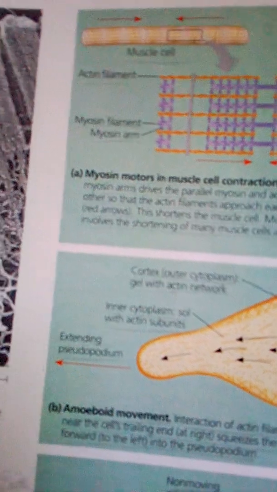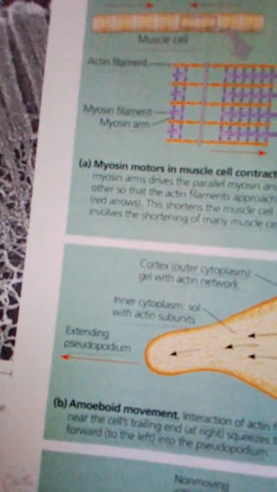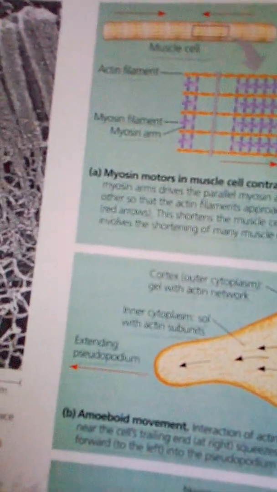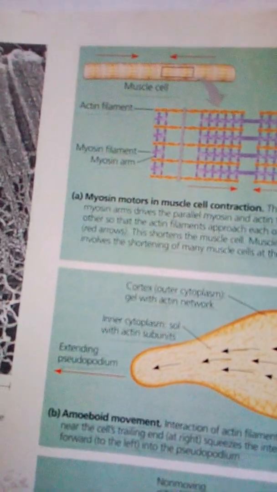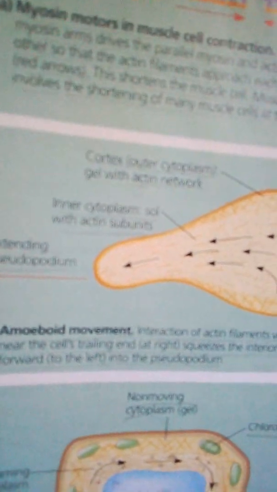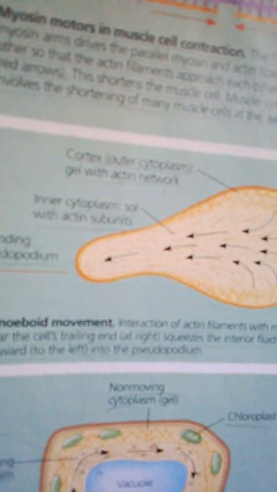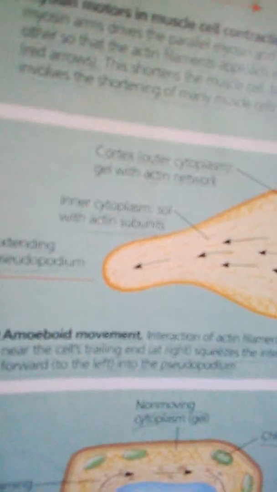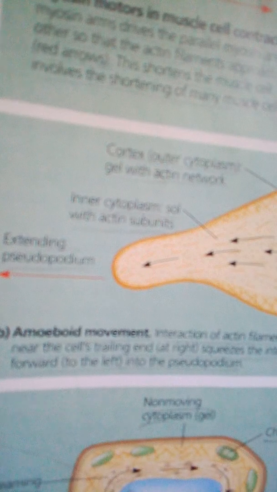Pseudopodia extend and contract through the reversible assembly of actin subunits into microfilaments and of microfilaments into networks that convert cytoplasm from sol to gel. According to a widely accepted model, filaments near the cell's trailing end interact with myosin, causing contraction like squeezing a toothpaste tube.